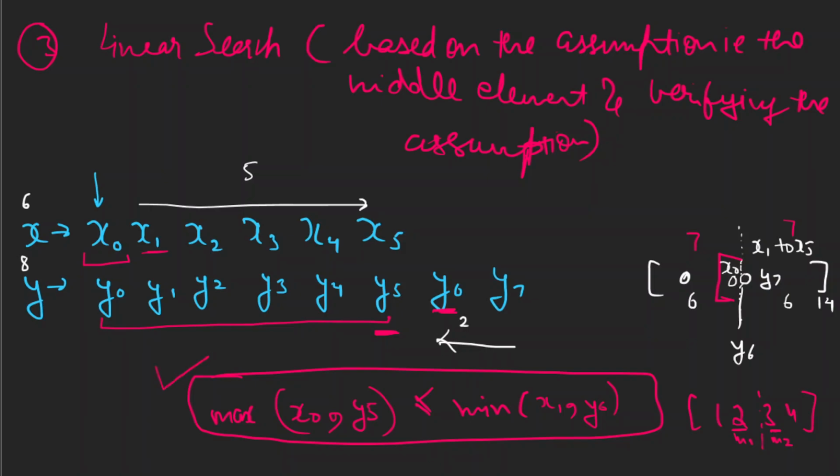If this condition is not satisfied, then unfortunately our assumption was wrong, so we have to look at this one. Then our arrays will also change, so we will have these elements in the array, and for this one as well. These are the second half of the merged array.